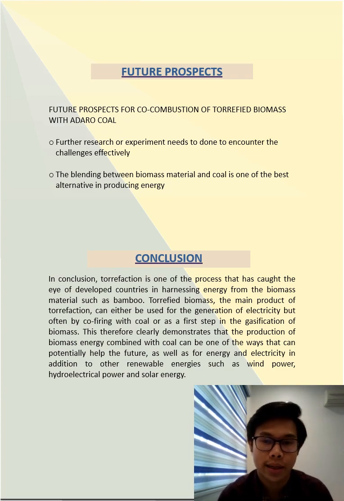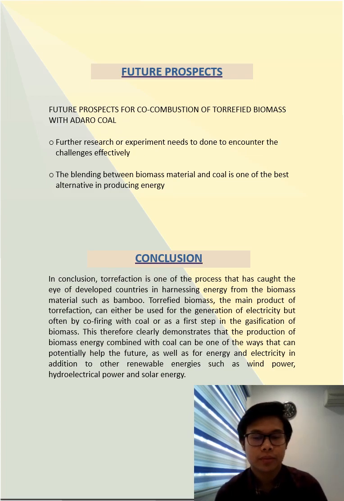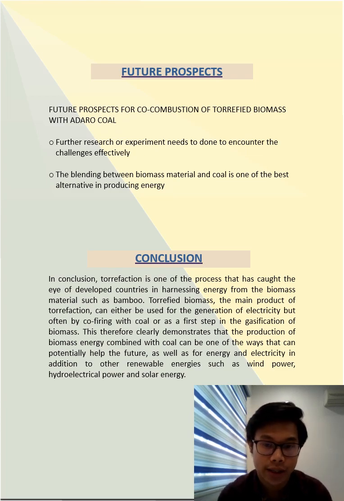Next, the blending between biomass material and coal is one of the best alternatives in producing energy. Okay, next we move on to the conclusion. In conclusion, torrefaction is one of the processes that has caught the eye of the developed countries in harnessing energy from biomass materials such as bamboo. Torrefied biomass, the main product of torrefaction, can either be used for the generation of electricity, often by co-firing with coal, or as a first step in the gasification of biomass.